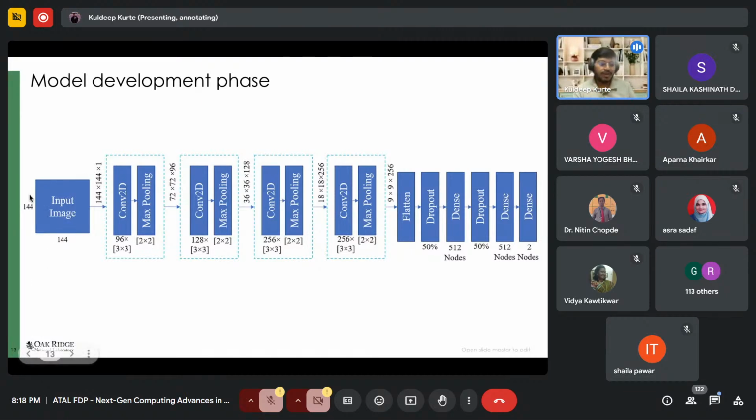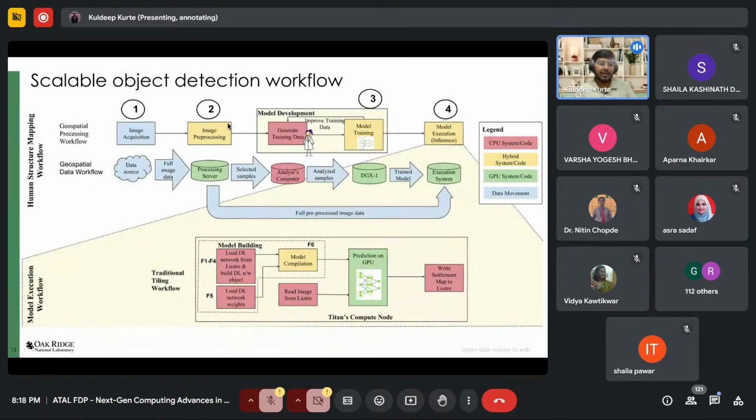I don't exactly recall why we made that choice, but the important point is that the overall satellite image size is of the order of 40,000 by 40,000, while the individual unit processed by the CNN model is this size. So you need a mechanism at this second stage where you chop the image into manageable sizes.